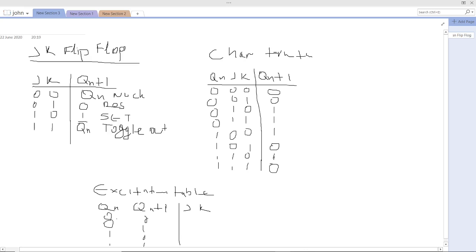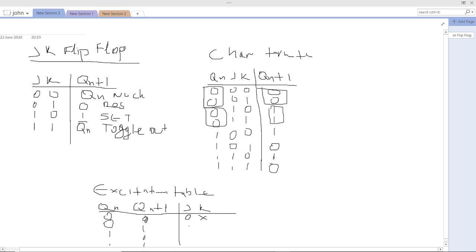When you have 0 and 0, so here you will have 0, 0. This means J is the same in both cases, so 0, and K is 0 or 1, which means we don't care, so we set X. Then we continue to the 0, 1 transition.